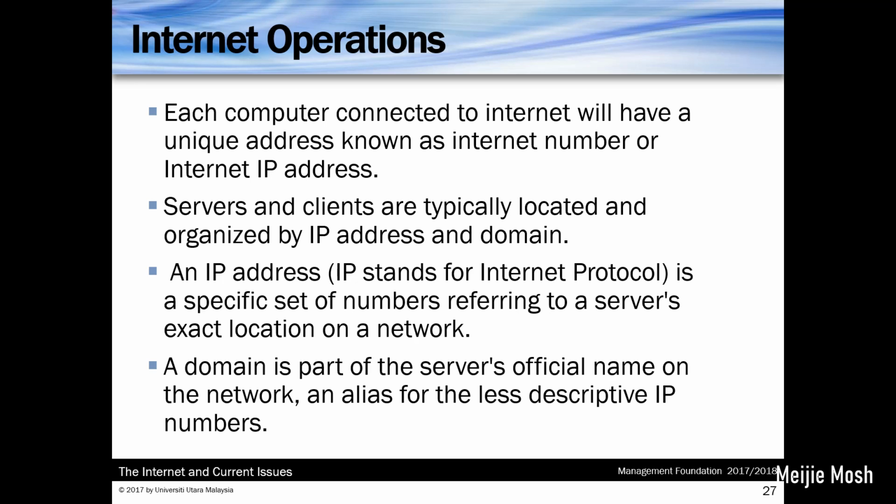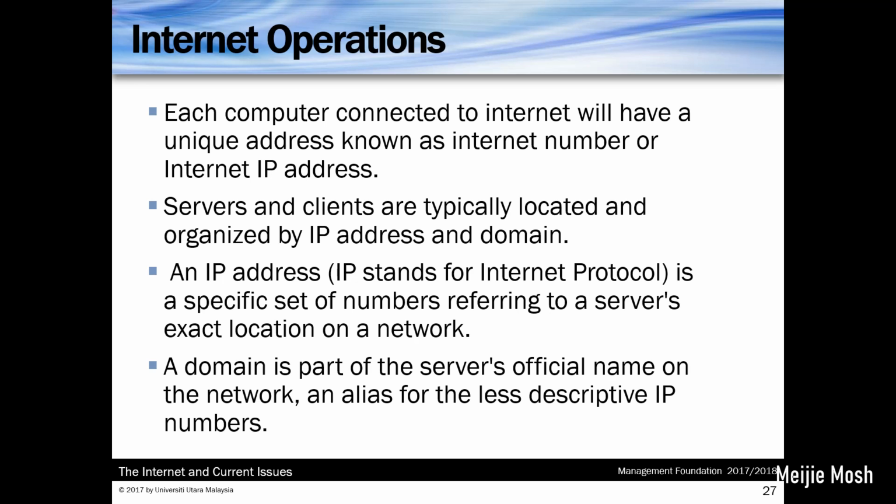Each computer connected to the internet will have a unique address known as an internet number or internet IP address. IP stands for Internet Protocol. Servers and clients are typically located and organized by IP address and domain.